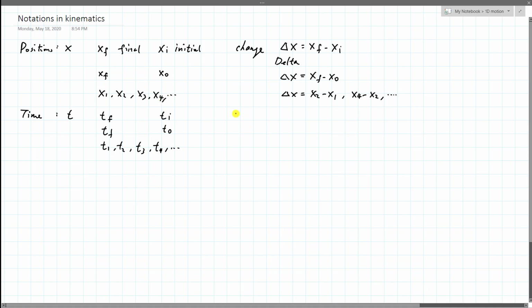So the change in time, delta t, will be t final minus t initial, or maybe written as t final minus t0, or any of these differences between them, say t3 minus t1, or maybe t4 minus t3, and so on and so forth.